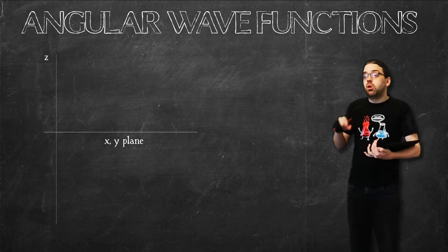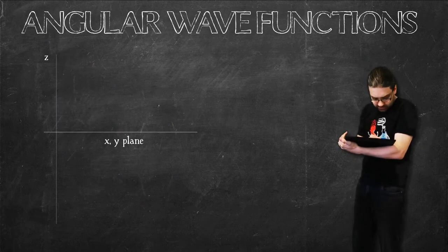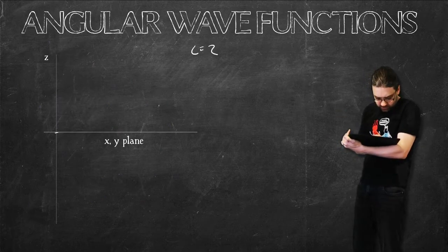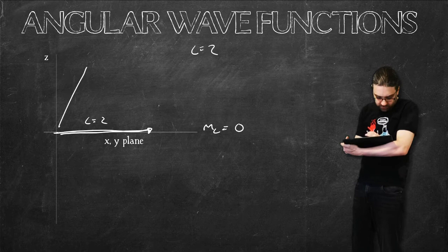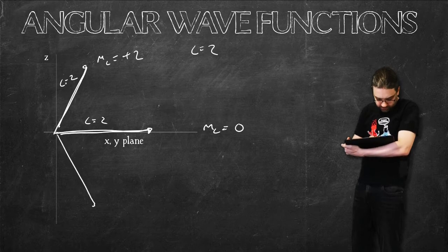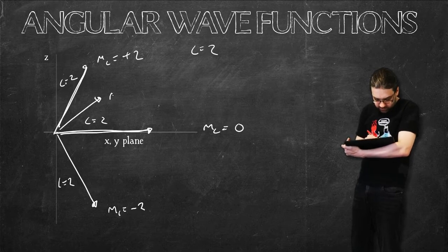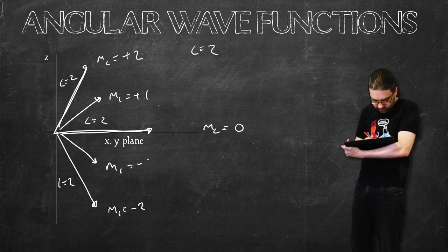So when we come to plotting out ML for this, L is equal to 2. We have an L equals 2 pointing that way. That's ML equals 0. We have an L equals 2 pointing that way. That's ML equals plus 2. ML is equal to minus 2. And then one's in the middle where ML is equal to plus 1, and ML is equal to minus 1.